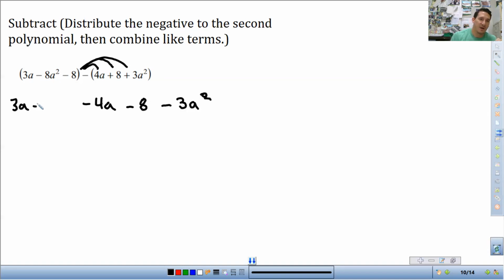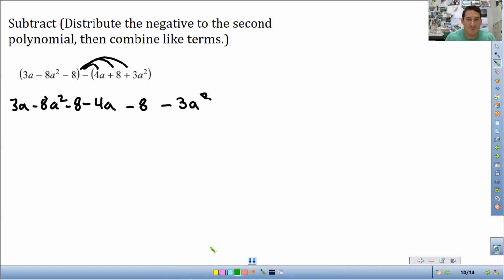So from here, space it out a little bit. Just combine like terms. So I'm going to do the same thing I did last time. I'm going to start with the highest numbered exponents. So 3a squared and negative 8a squared.